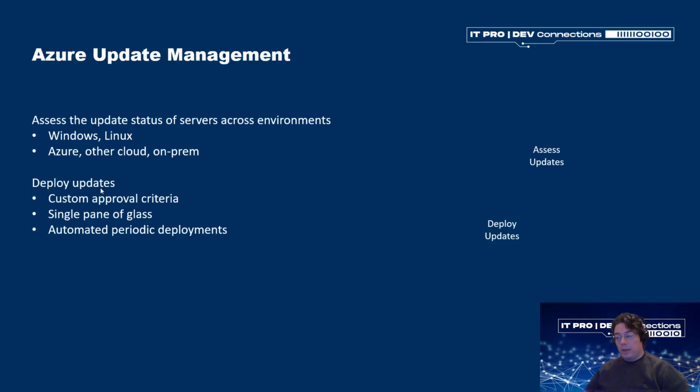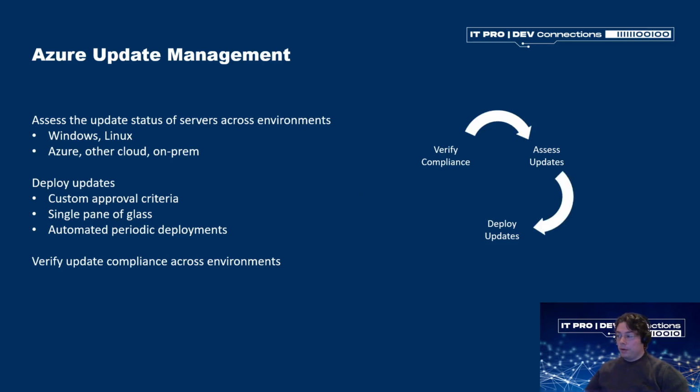Then we need to deploy the updates with our own custom approval criteria in an automated periodic deployment. And of course, be able to verify the update compliance across the environments. And the circle goes on.